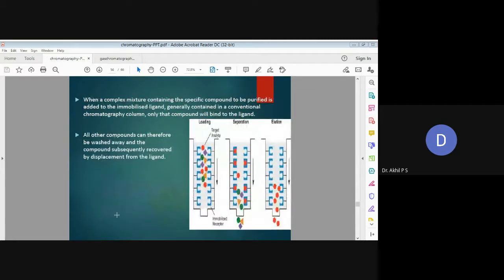When a complex mixture containing the specific compound to be purified is added to the immobilized ligand, generally contained in a conventional chromatography column, only that compound will bind to the ligand. All other compounds can therefore be washed away, and the compound subsequently recovered by displacement from the ligand.